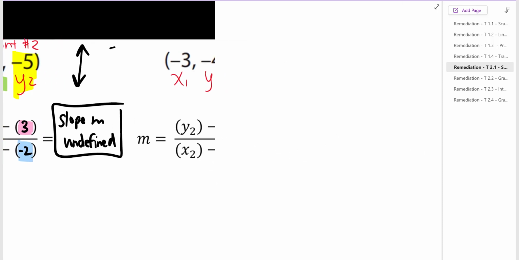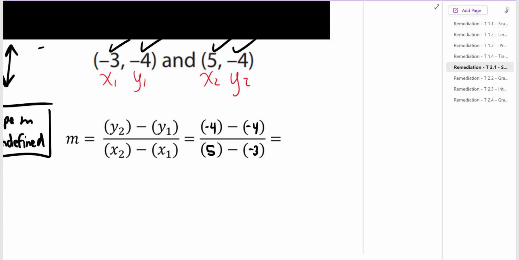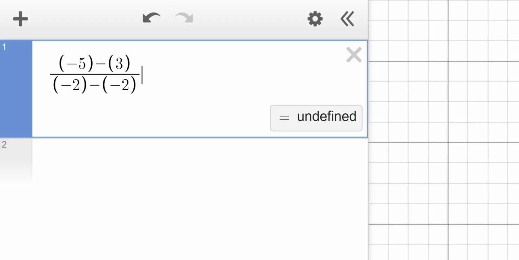Okay, if we do the other one, the second case, y2 is negative 4, y1 is negative 4, x2 is 5, and x1 is negative 3. Okay, let's try that in the calculator.